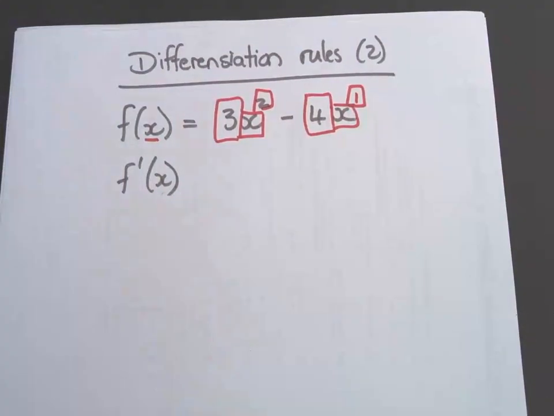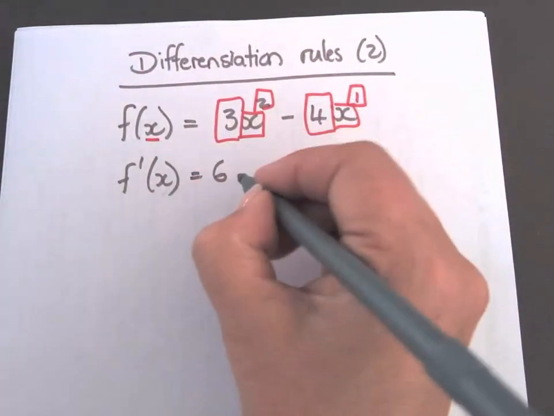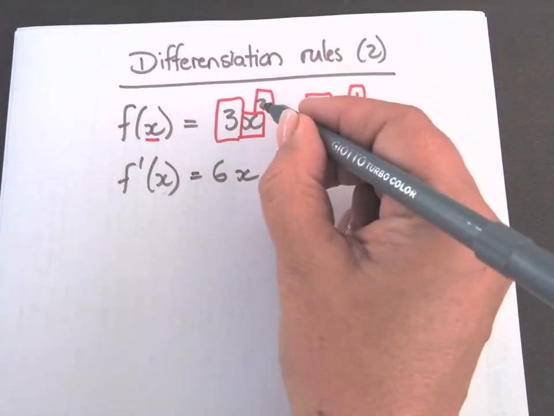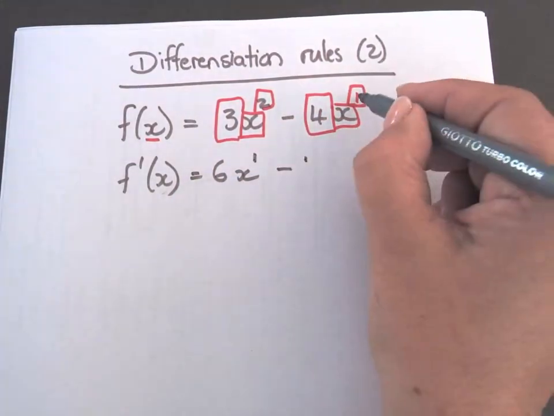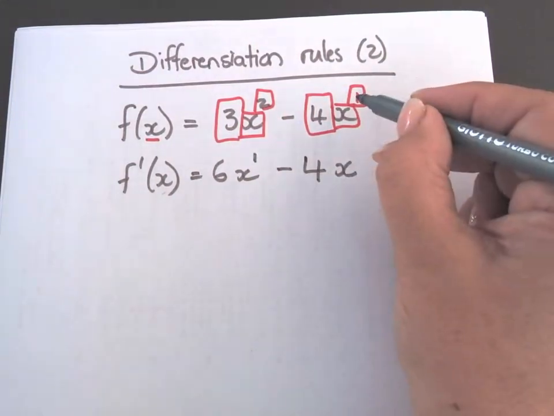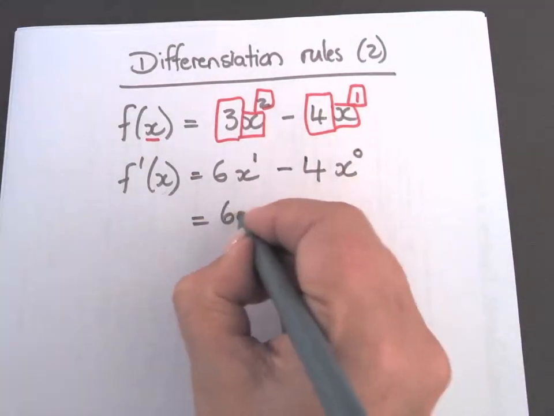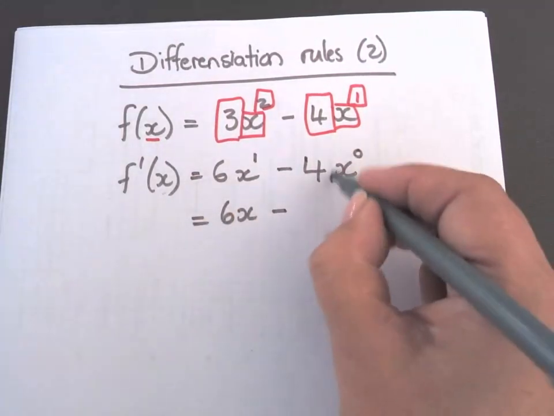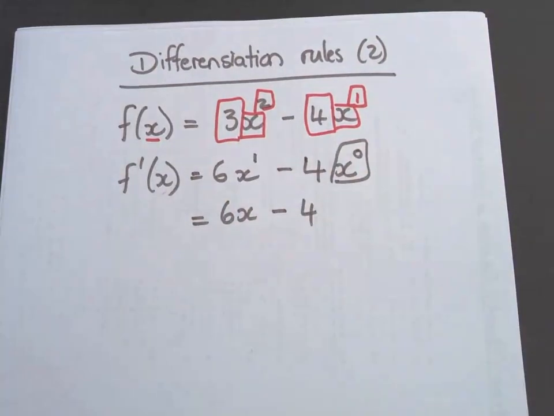And then you can differentiate. 2 times 3 is 6x. 2 minus 1 is 1. Minus 1 times 4 is 4x. 1 minus 1 is 0. And then you simplify. 6x minus, this is 1 times 4 is 4.